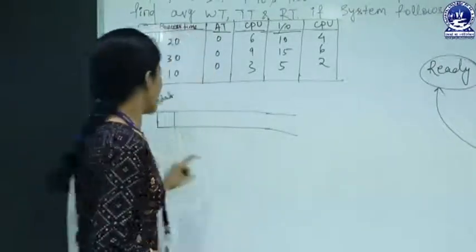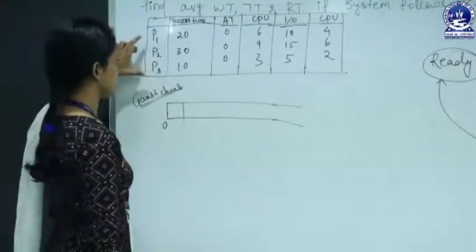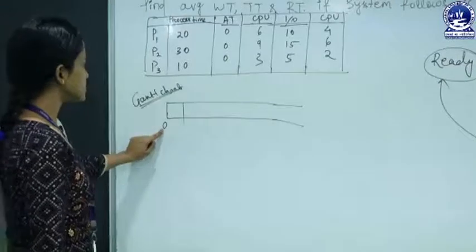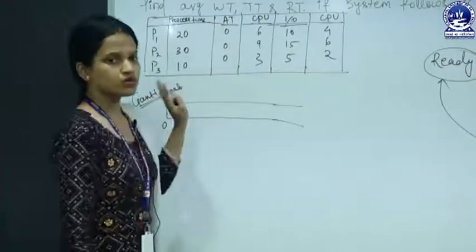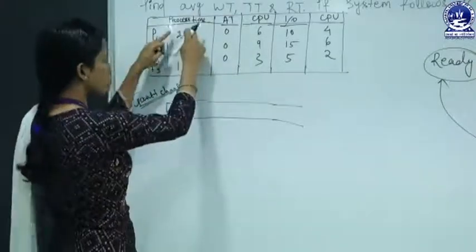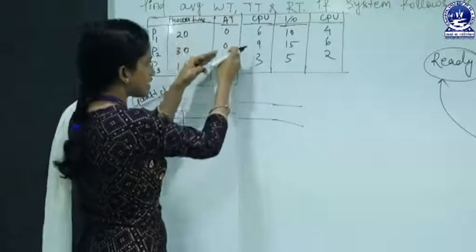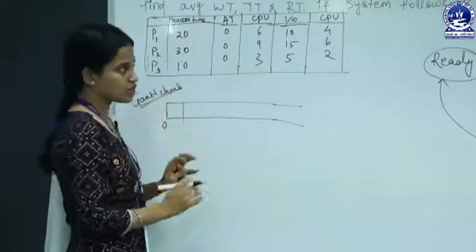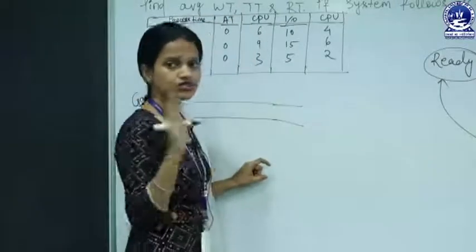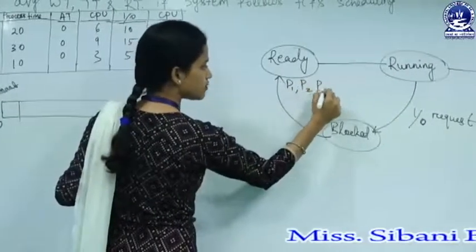At time 0, just look at this table. At time 0, is there any process which arrived in the ready state first? Yes, all three processes arrived at time 0. So at time 0 in the ready state, there are three processes P1, P2 and P3.